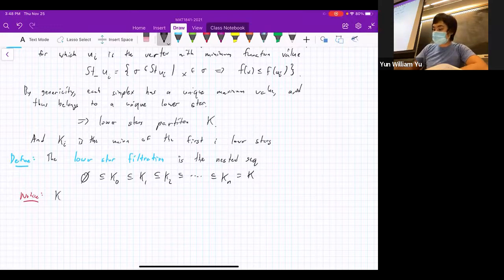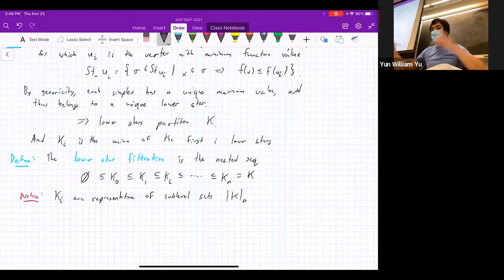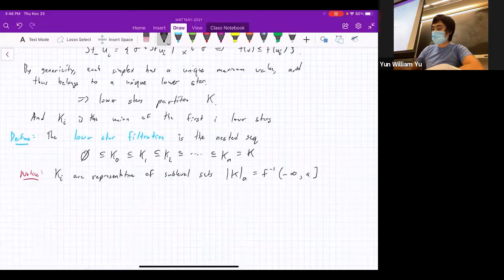The reason for this is that the Ki are representative of sublevel sets. The subcomplex Ka is equal to the preimage of the function over everything from minus infinity to a.